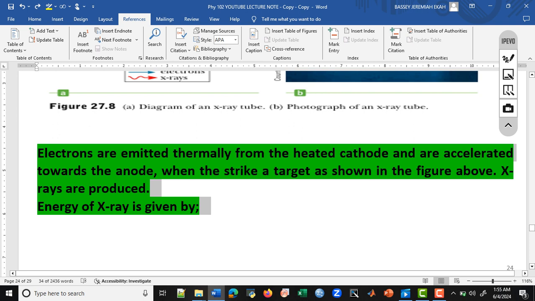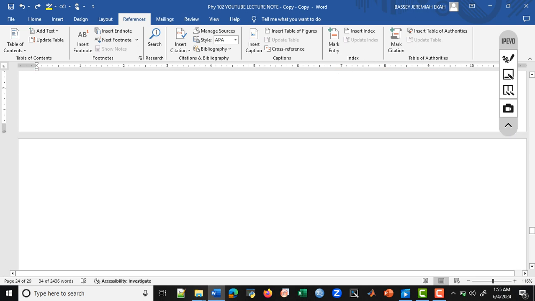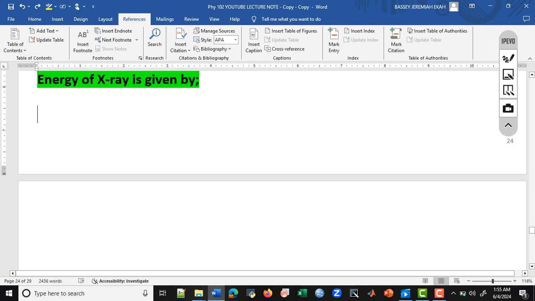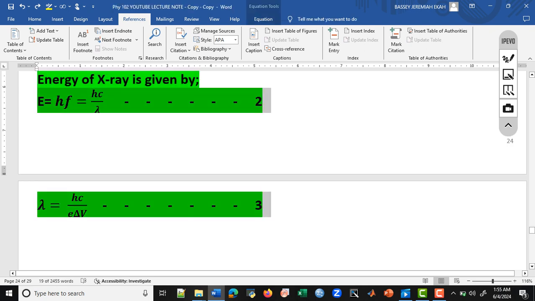The energy of X-ray is given by the mathematical expression E = hf = hc/λ. The E represents energy, the h represents the Planck constant, f is frequency, and frequency can as well be rewritten as c over λ. So these are two expressions, but they mean the same thing.